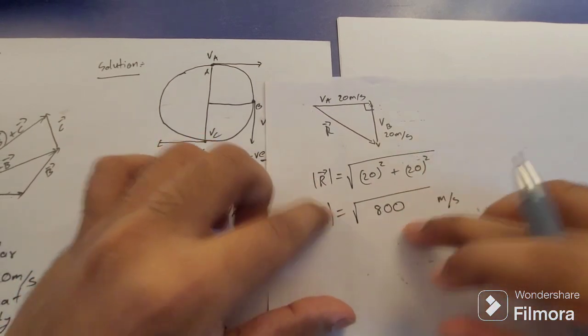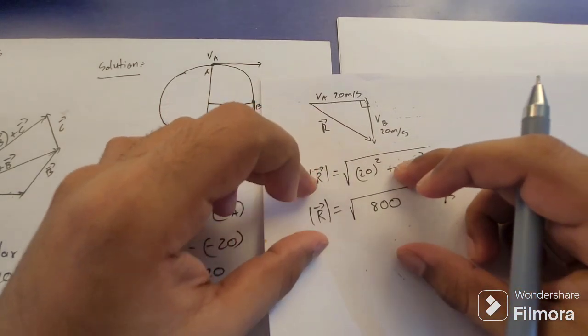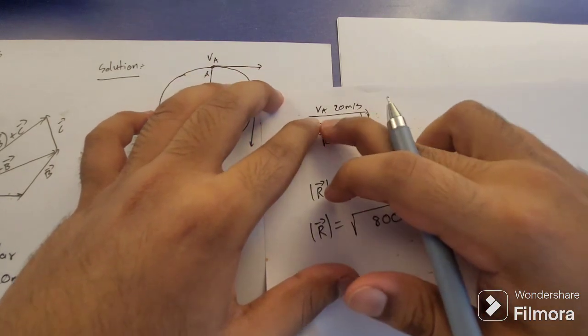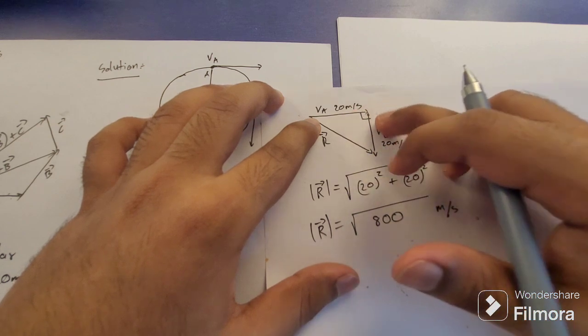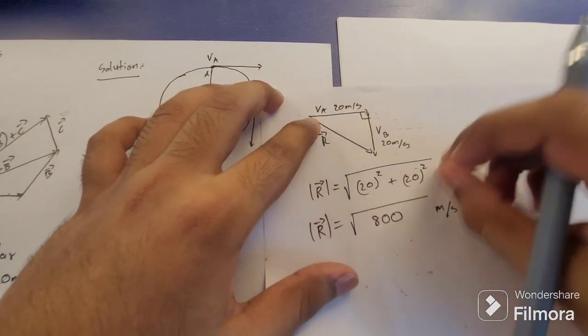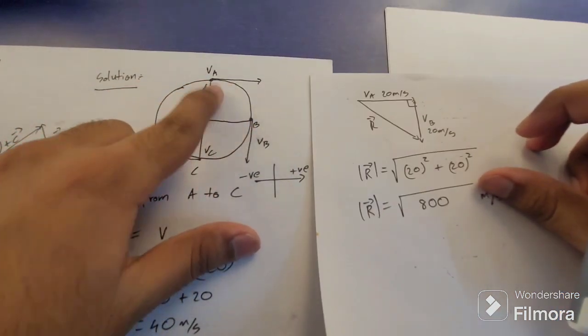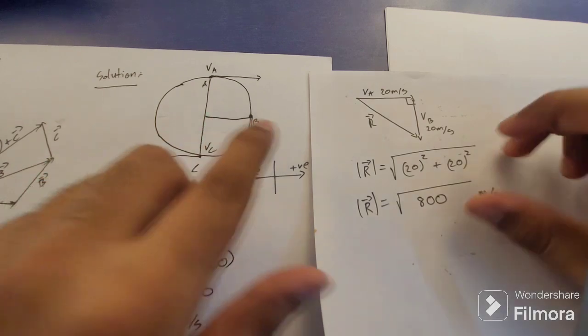So the calculation part is very easy and anyone can do that. Now let us actually try to feel the result, to interpret the result. So the vehicle was first moving along VA with 20 meters per second. After that, it changed its direction along the course of the circle. It changed its direction so that it started moving along VB.